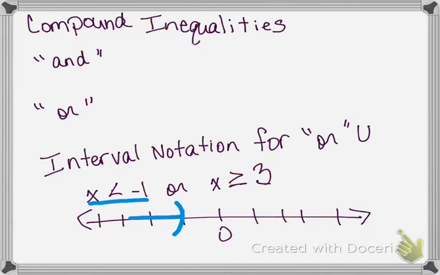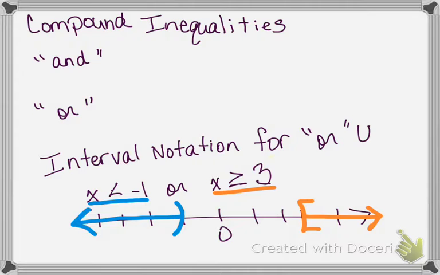And I'm going to the left. On the same number line, I am going to graph x is greater than or equal to 3. So I have a bracket there because it's the or equal to sign. And then I'm going to the right. So what I have done here is graphed this on the same number line.